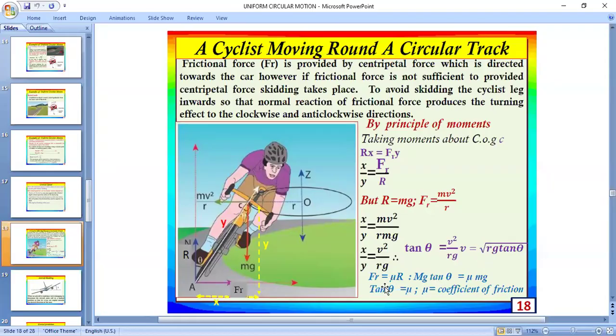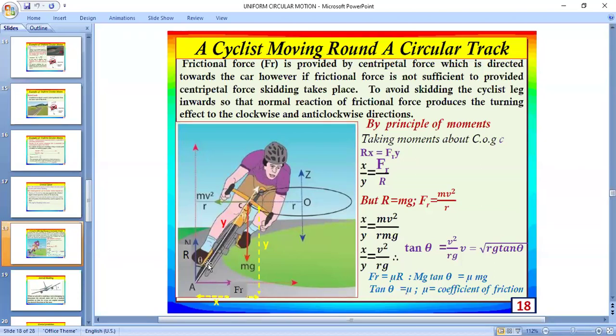Now friction, we know from Form 3 that friction is the coefficient of friction times mg or R. Mg tan theta equals to coefficient of friction times R, which is mg. Therefore, tan theta equals to the coefficient of friction.